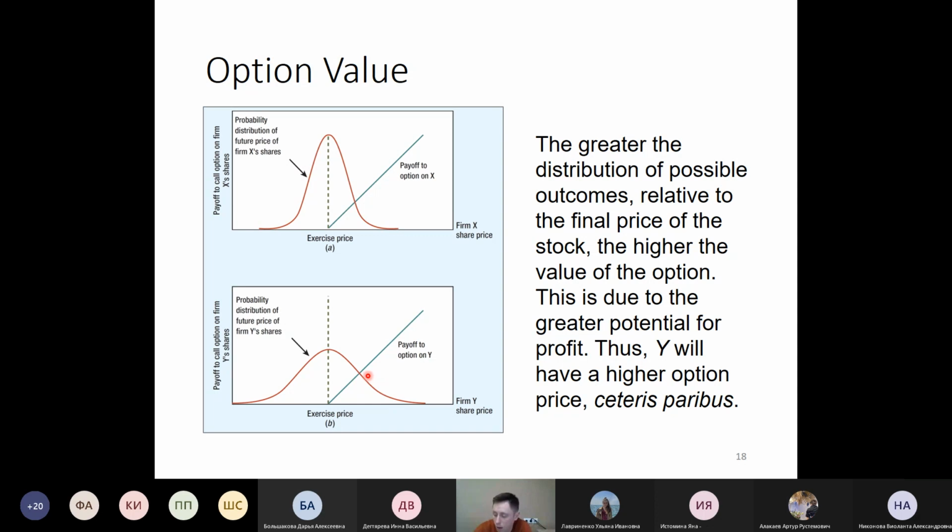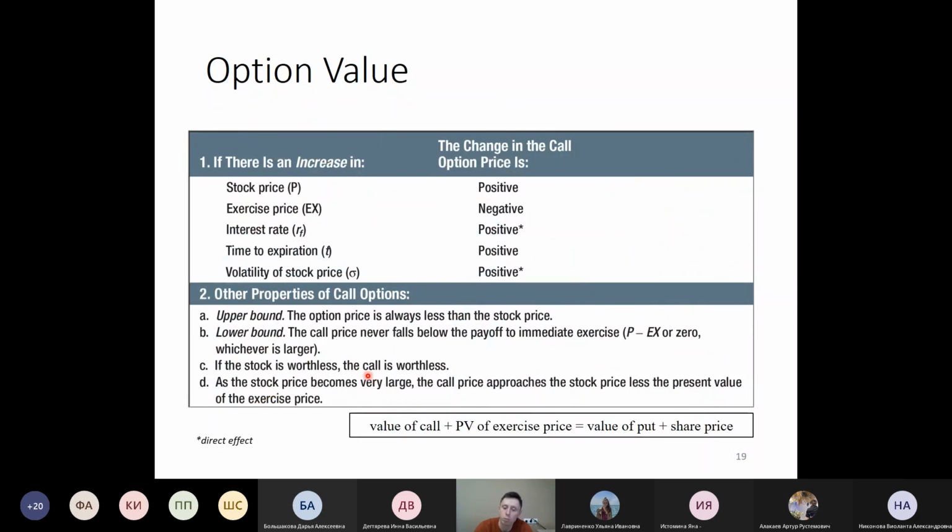And this is another principle that is important in terms of the options to understand: the more risky asset is valued less, other things equal, but the option on the more risky asset is valued more, other things equal. Because an option is a hedging of the risk, and as we hedge risk on something riskier, it is more valuable. This is the principle, and also it can be proven mathematically.